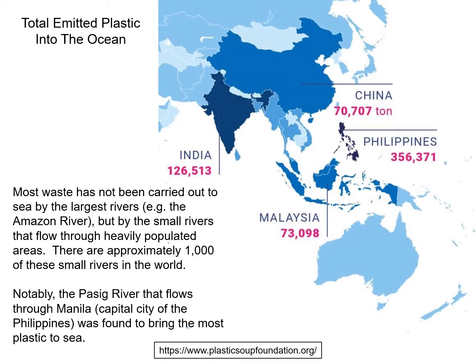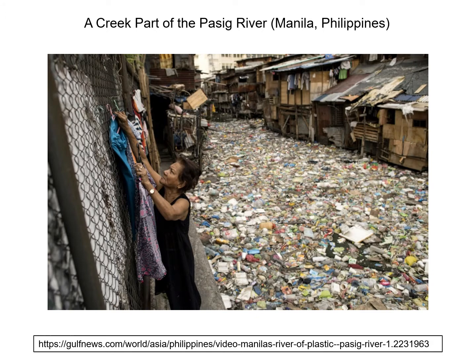Now, circling back to the Philippines, there is this river known as the Pasig River that flows through Manila, the capital city of the Philippines, and was found to bring the most plastic to sea. This is a creek that goes through one of the slums in Manila and is part of the Pasig River.